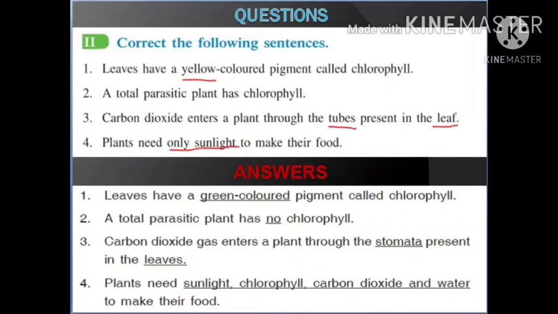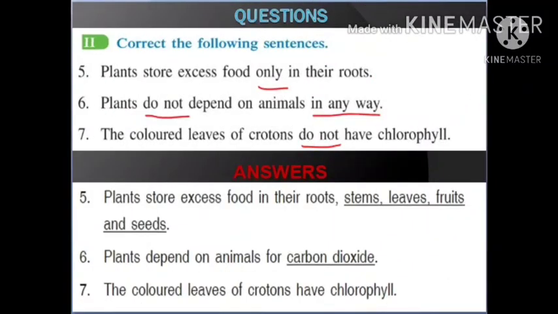Fourth question, plants need only sunlight to make their food. But as we know, not only sunlight. Your answer will be plants need sunlight, chlorophyll, carbon dioxide and water to make their food. Fifth question, plants store excess food only in their roots, but not only in their roots. We know that plants store excess food in their roots, stems, leaves, fruits and seeds.